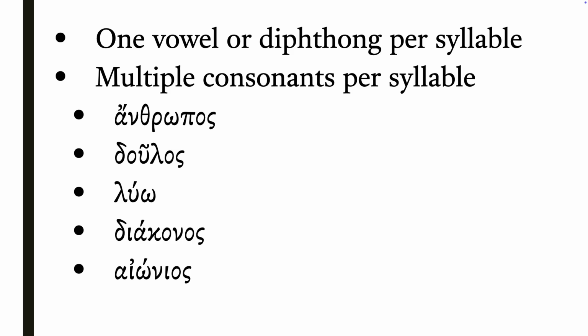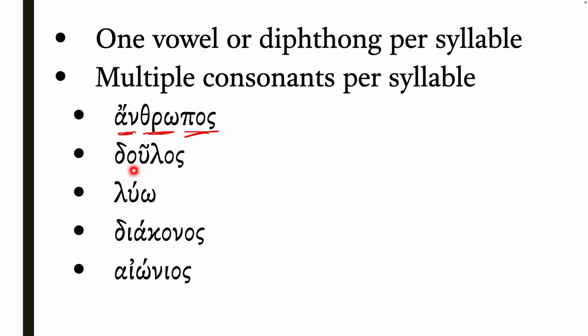So with the first word, we have on, one vowel, one consonant, throw as our second syllable, 2 consonants, one vowel, pos, 2 consonants, one vowel. So this is a 3-syllable word because it has 3 vowels in it and no diphthongs. On, throw, pos.